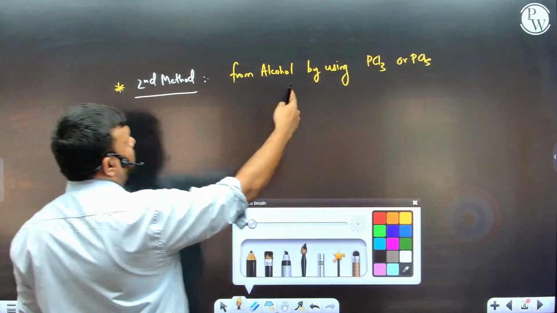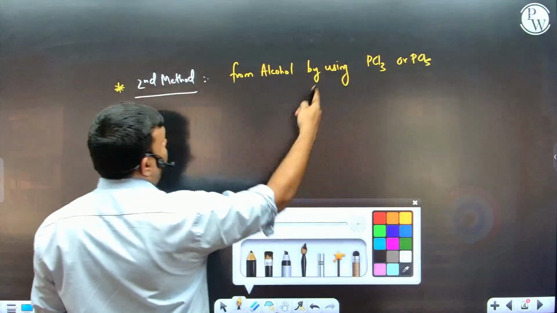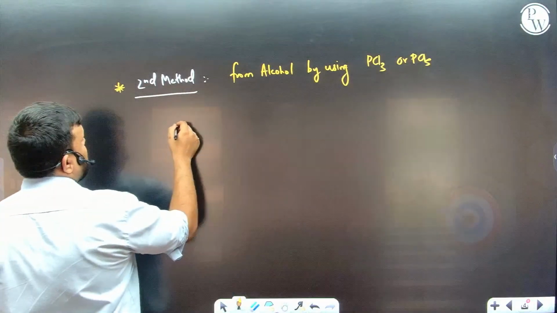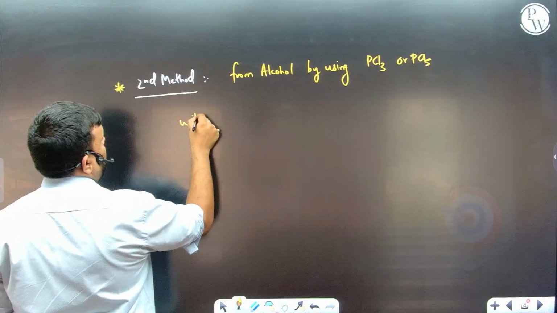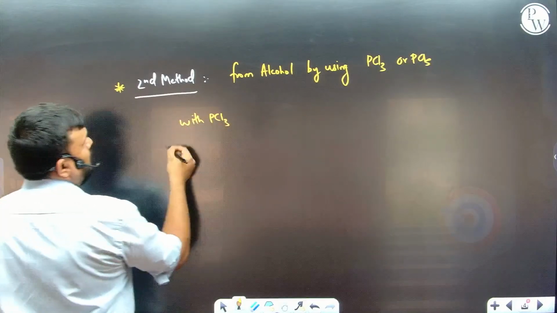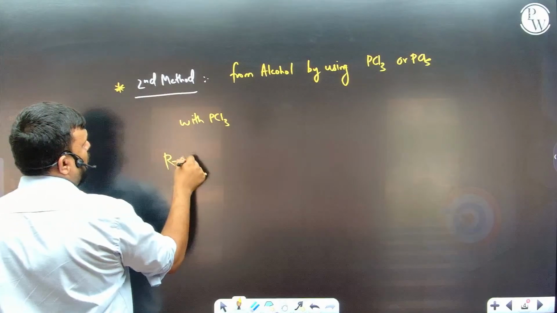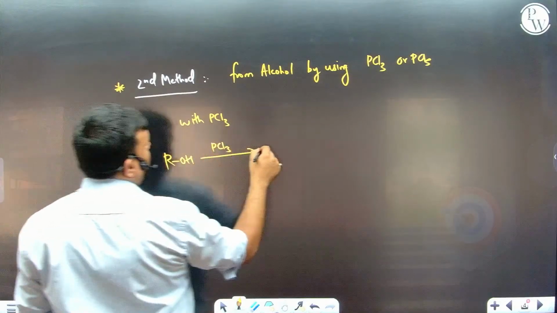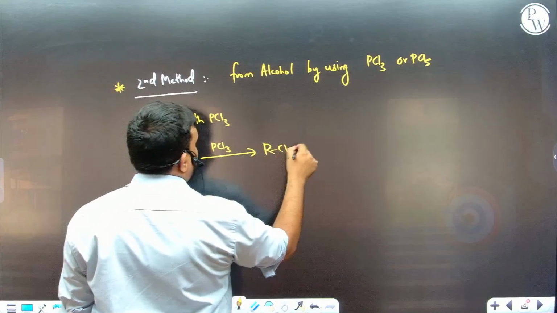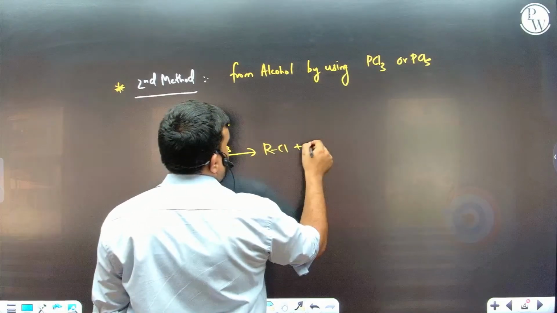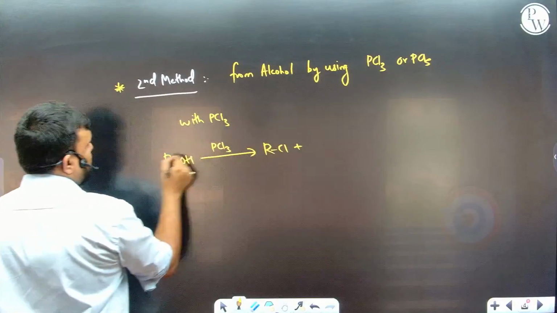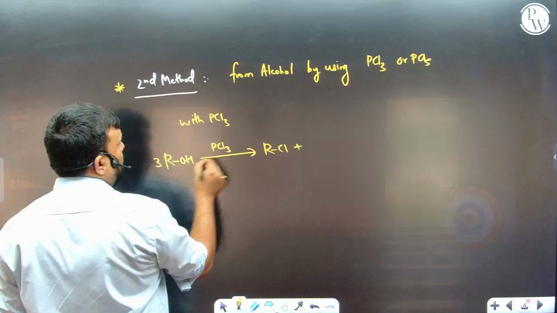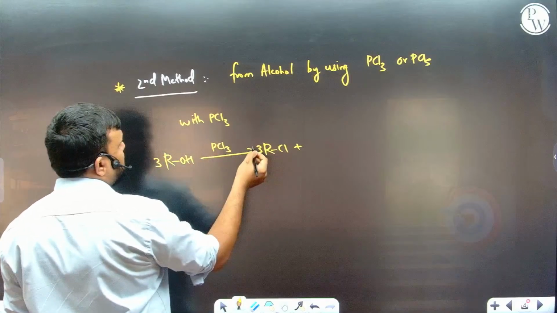There we have the reaction of alcohol with PCl3 or PCl5. Let us see with PCl3. ROH, alcohol, reacts with PCl3 and you get RCl plus H3PO3 as the byproduct. By this method, 3 ROH are converted into 3 RCl.